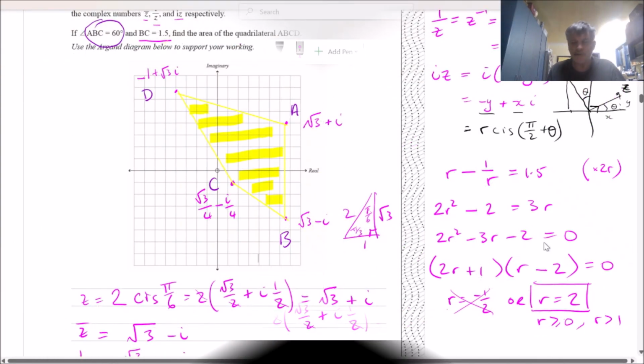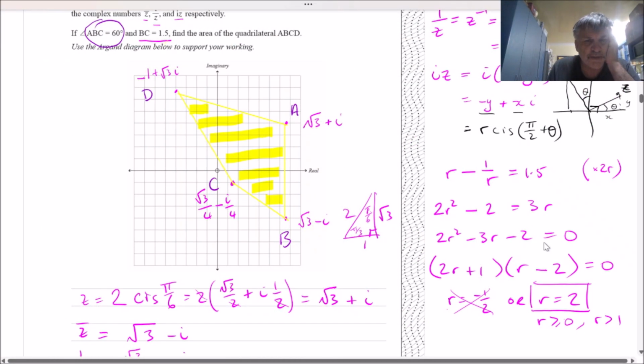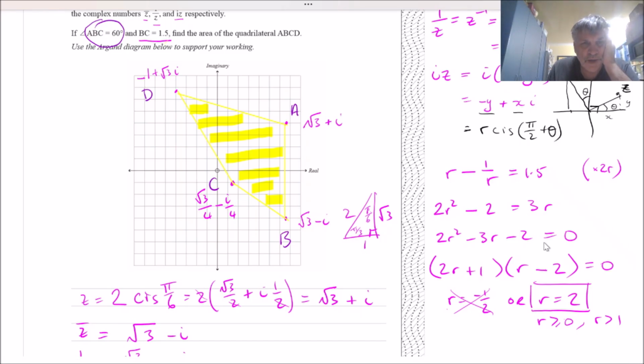Okay, back continuing this problem. We've found the points A, B, C, and D, and we've got the complex numbers that are represented on the picture, and we need to find this yellow area.